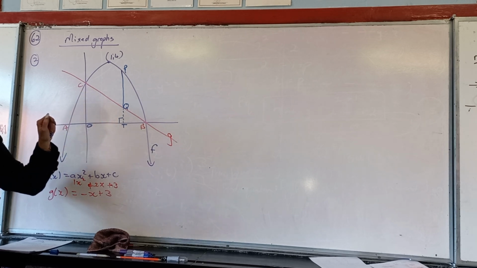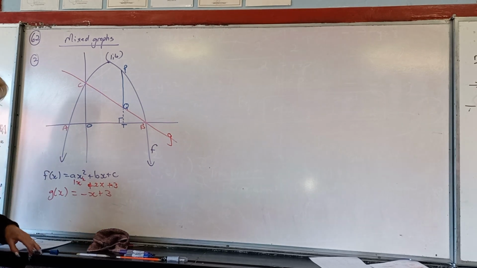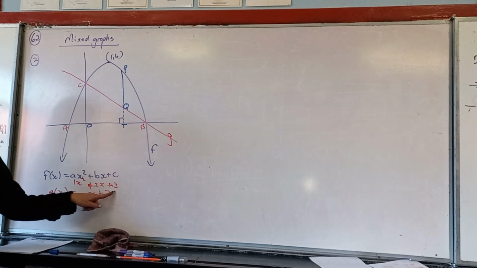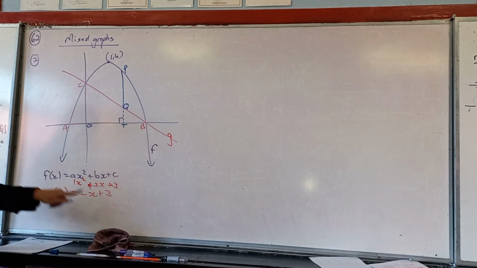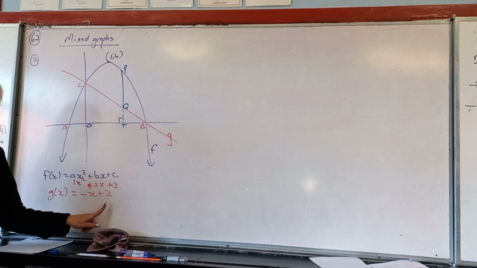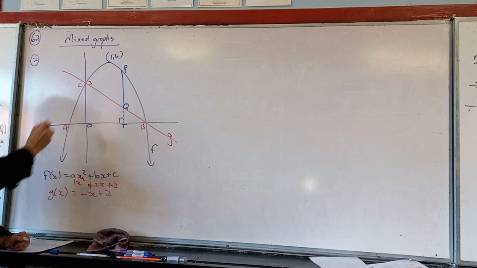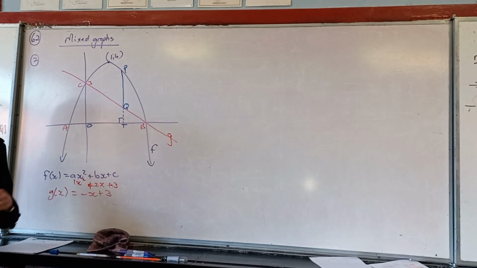Why? How do they find C? C is 3. No, not because they say so. Because of the equation, the straight line. The straight line says, hey, the y-intercept is 3. And the y-intercept of the straight line and the y-intercept of the parabola is the same. You have to see it.